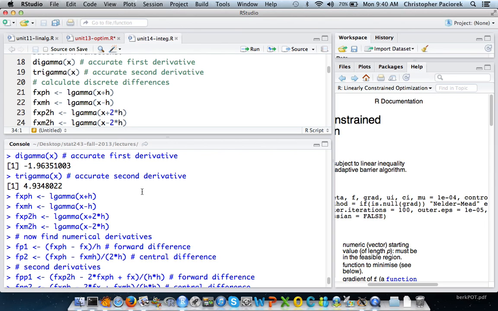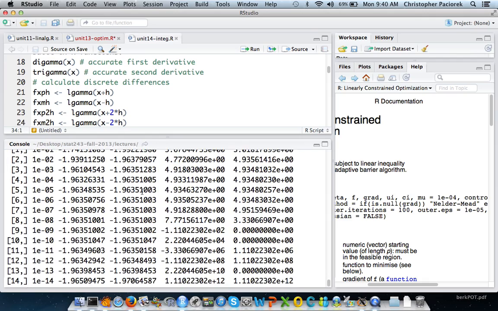The accurate estimate of the first derivative is minus 1.96351003, and for the second one, it's 4.9348022. So this is f prime, this is f double prime, for x equals 1/2.